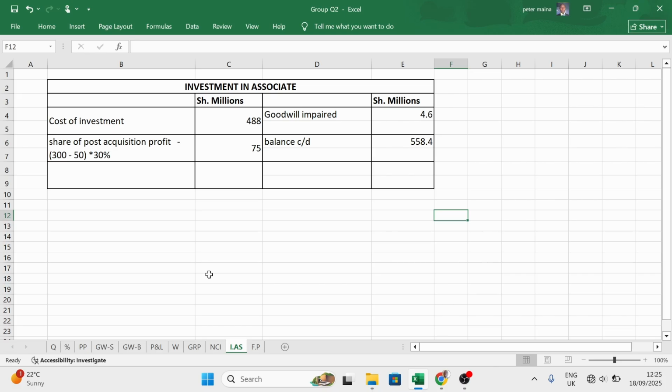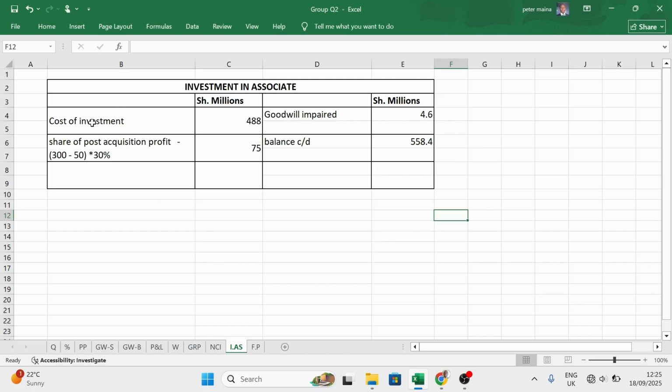Remember, we don't consolidate assets and liabilities of the associate together with those of the parent. Instead, we prepare an account called investment in associate account. And the balance of this account is shown as non-current asset in the consolidated statement of financial position. So if you understand the format for the investment in associate account, it is very easy to prepare it.